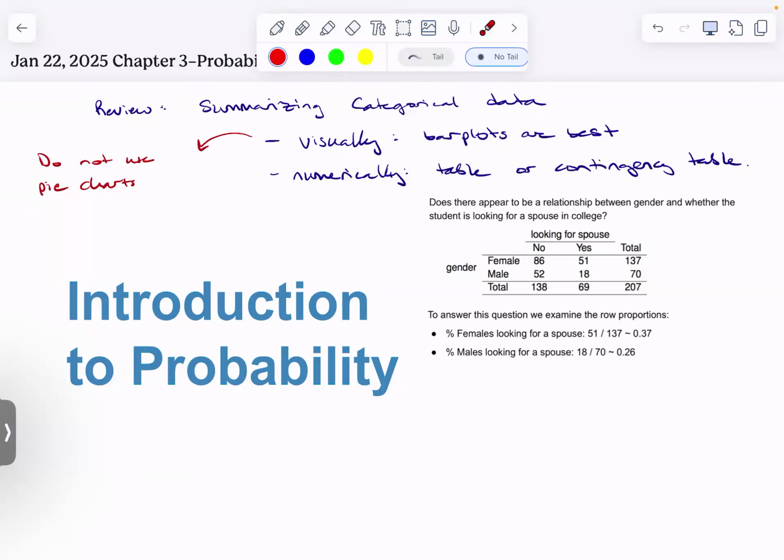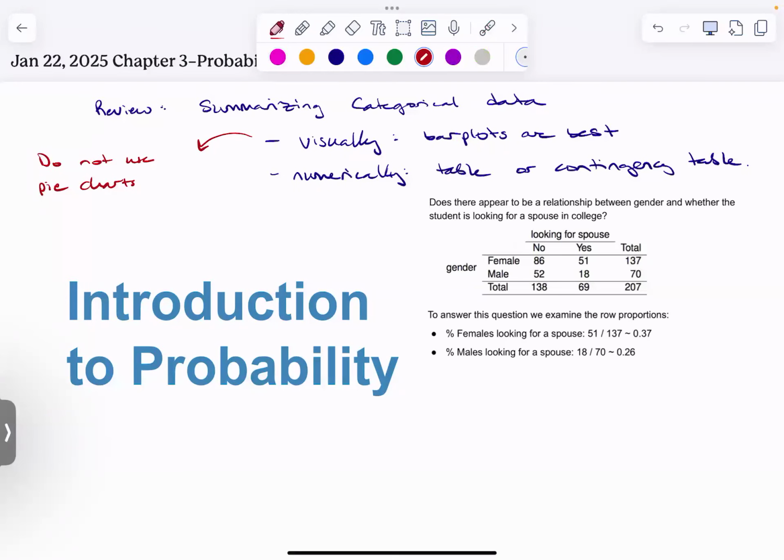Each bar is the count or a proportion in each category, and doing the same with pie charts is difficult, right? You'd have to have all these labels, and if you have lots of groups, then it's really hard to read.